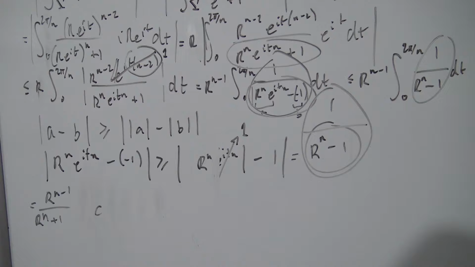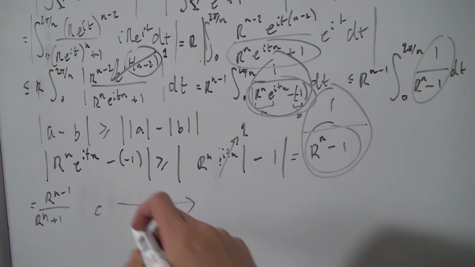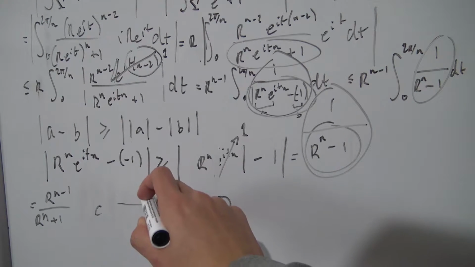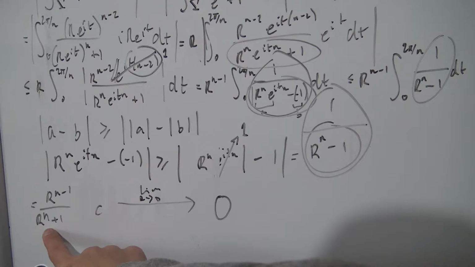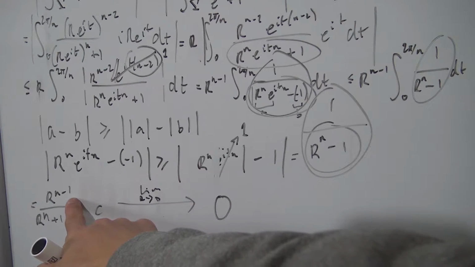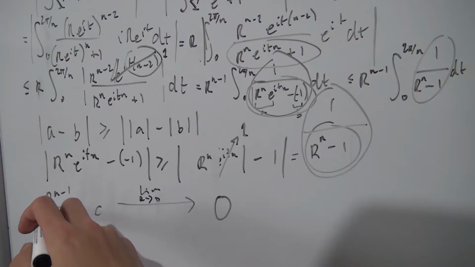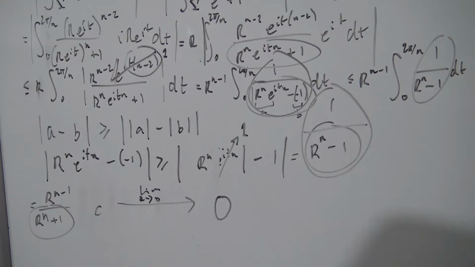And remember, before we wanted to let our r approach infinity. So letting our r approach infinity, this whole thing right here will actually go to 0, and you can see that for yourself, because we have an r to the n right here, which will grow much faster than this r to the n minus 1. So the denominator will outgrow the numerator, and we're going to get a 0 in the limit as our r approaches infinity.